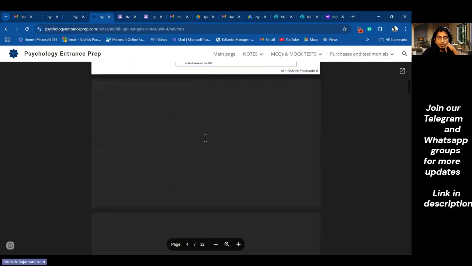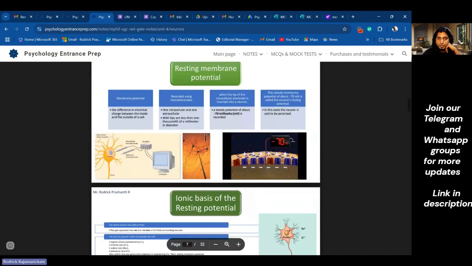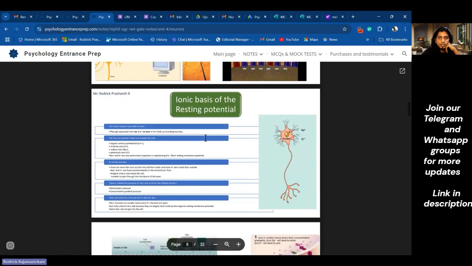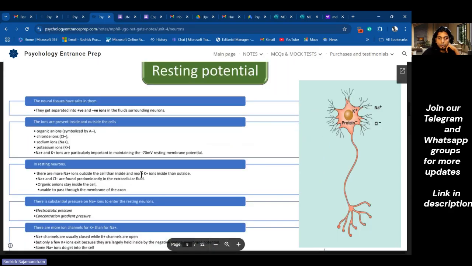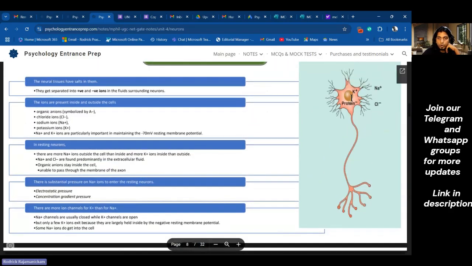They do not readily move out despite the concentration gradient, because the inside of the cell is way more negative. An electrostatic force holds the protein inside and more sodium outside, which creates an electrostatic pressure that keeps the K plus ions inside. So K plus ions are more on the inside, and sodium is more on the outside.